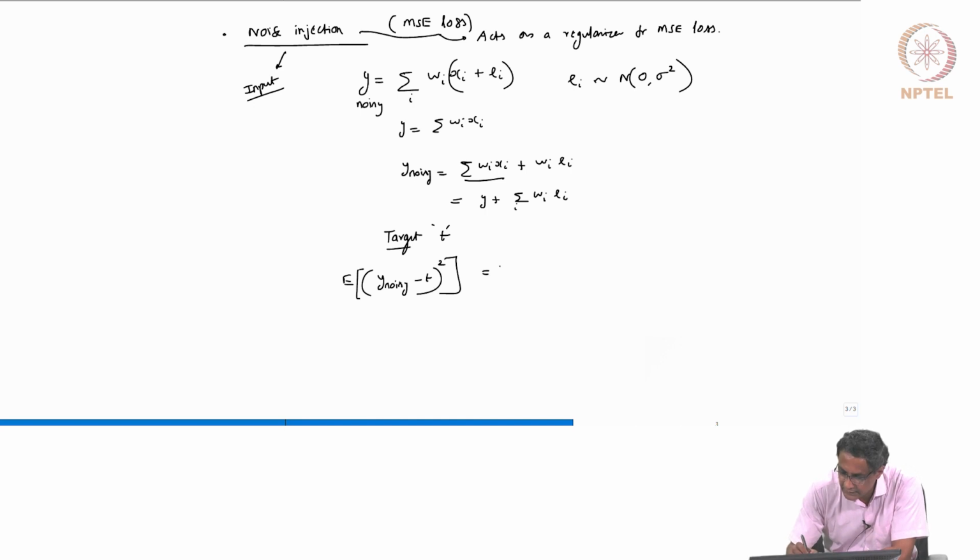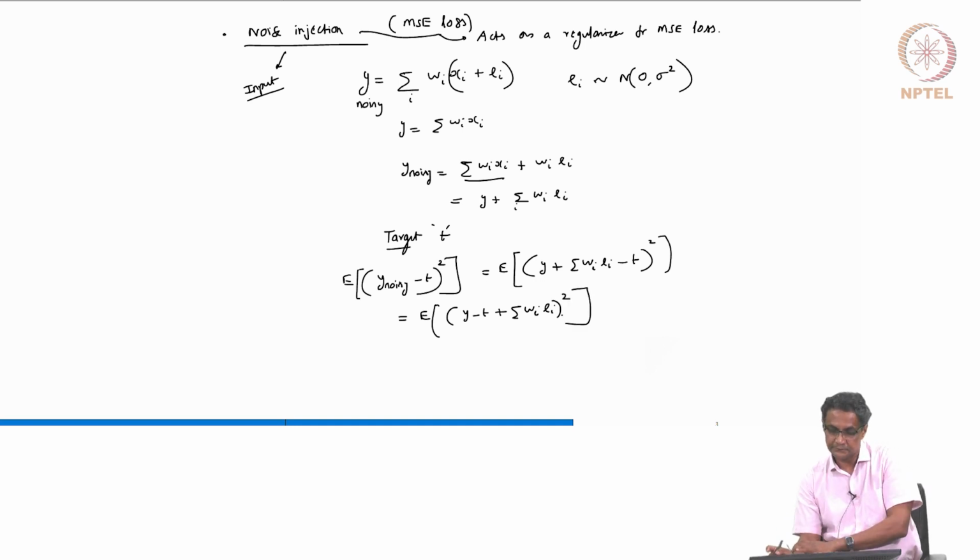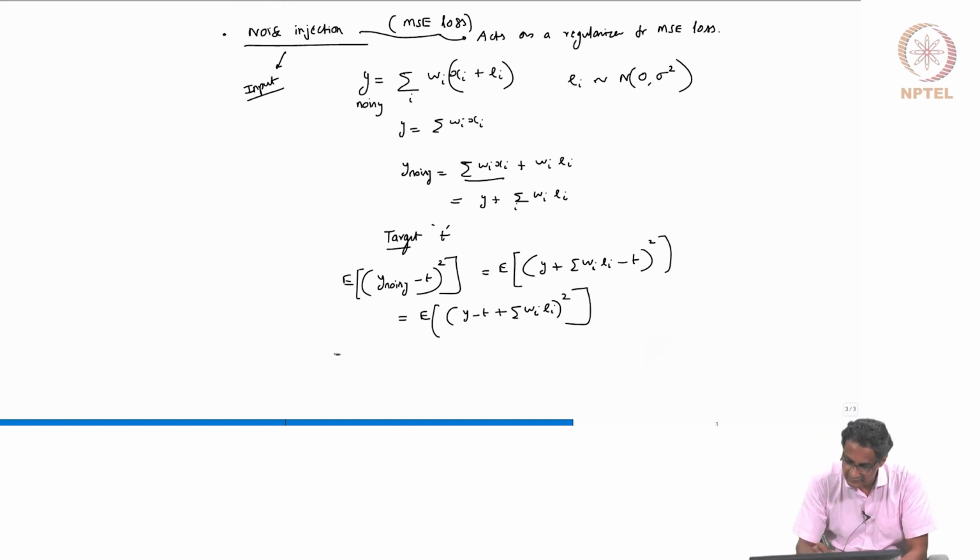Then we can just substitute for y noisy into this. That will be y plus the summation of wi ei minus t, the whole square, and then the expectation. I can rearrange this as y minus t plus the summation of wi ei, squared.